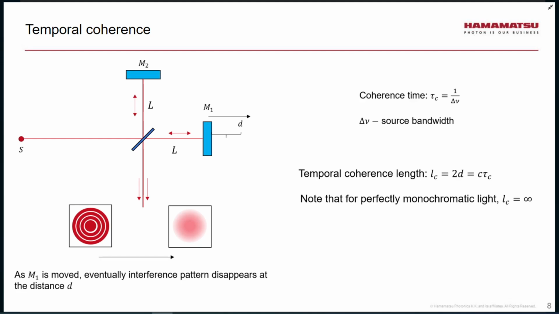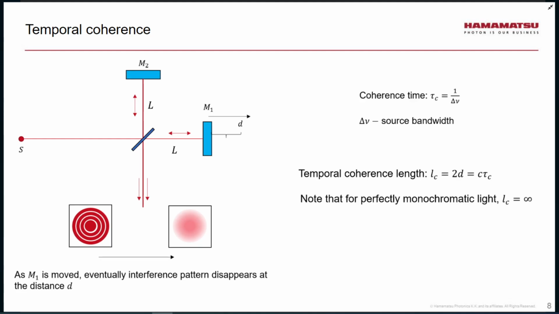Incidentally, if I had perfectly monochromatic light, I could move the mirror even by infinite distance, and I would still see variation in the interference. However, if there is a finite coherence at some distance, the interference pattern variation will cease to exist, i.e. we've reached the limit of temporal coherence.